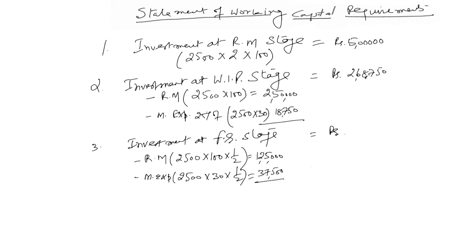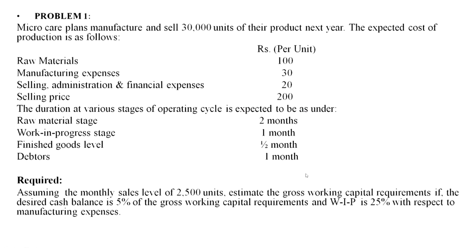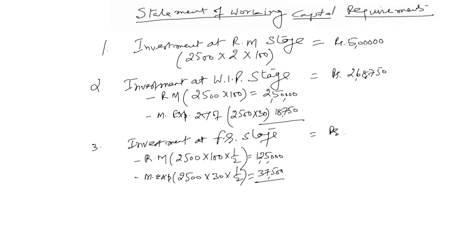We will have to make one change here, that is finished expenses. In the finished expenses we are given something else also. If you look at the finished expenses, the manufacturing expenses are 30, and then selling and administrative expenses are 20. So we have one more head here, which is the administrative expenses.